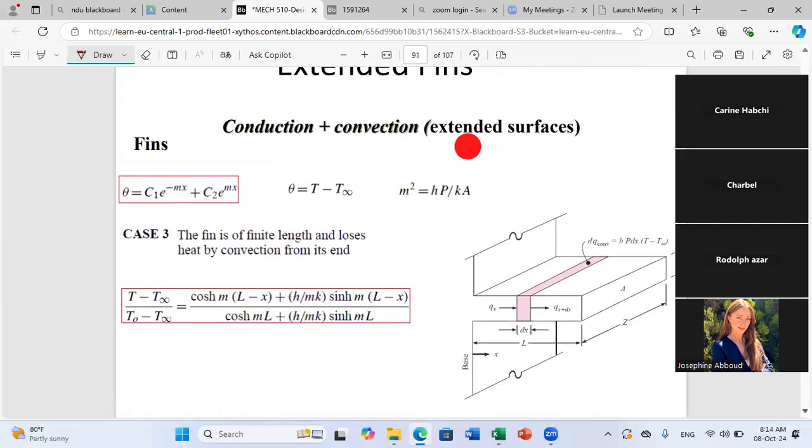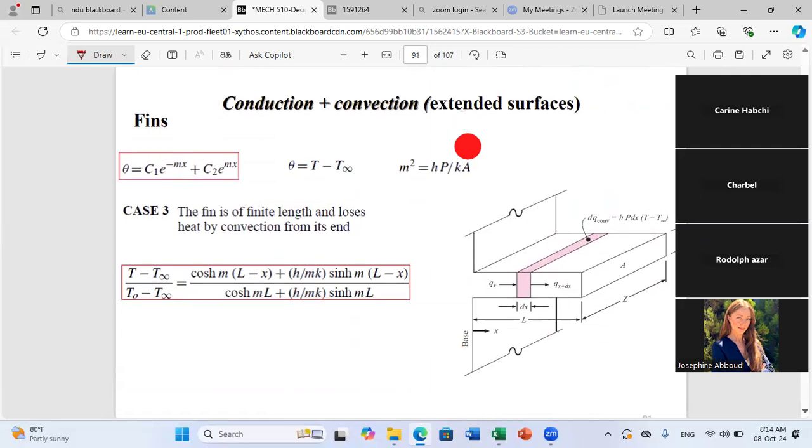Another case is what we were talking about now. If the fin is of finite length and we have loss of heat by convection from its end, you are not responsible, as I told you, for getting the form of the equation. It's really complex and it's a mathematical solution. I just want you to know how to write the conditions.